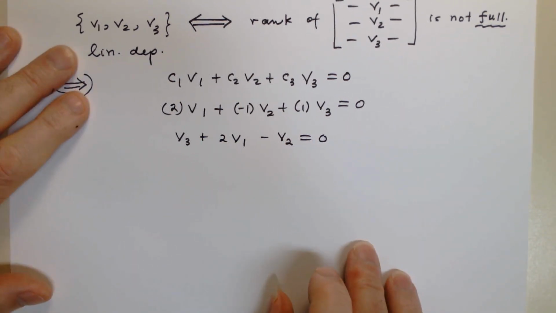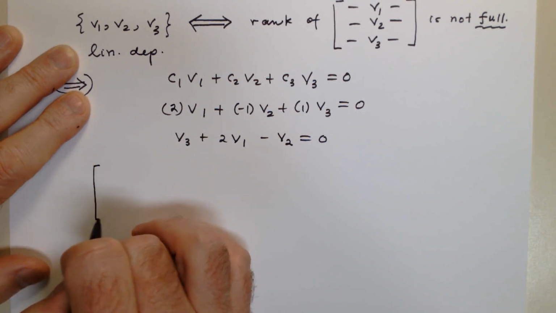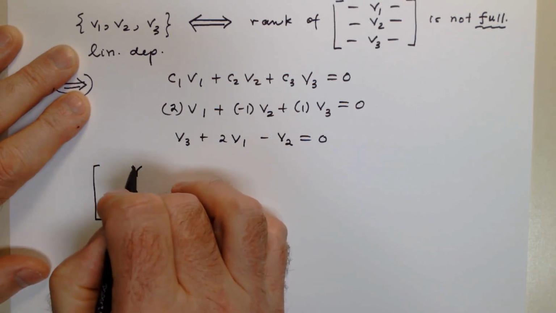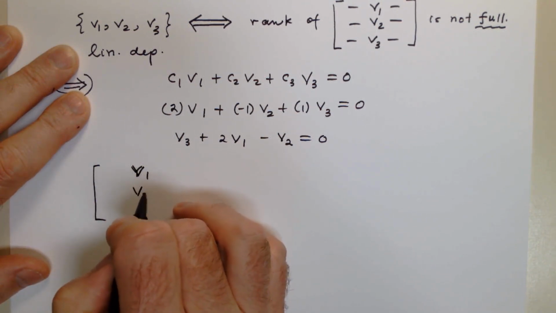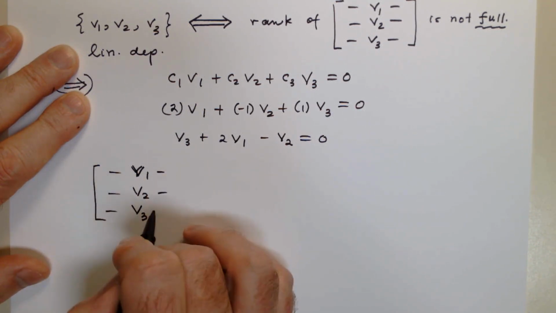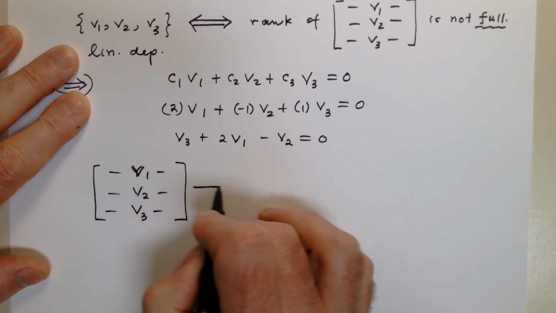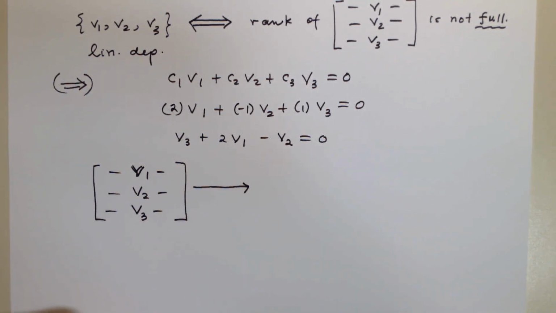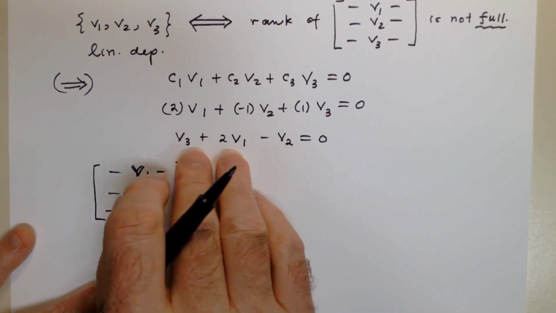Okay, now I'm going to start with my matrix with rows v1, v2, and v3. And I'm going to perform a couple of elementary row operations. These elementary row operations are absolutely inspired.